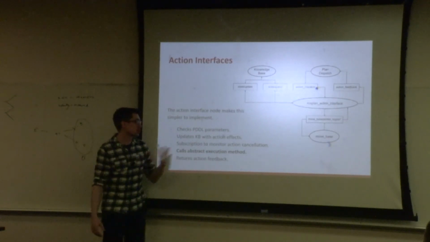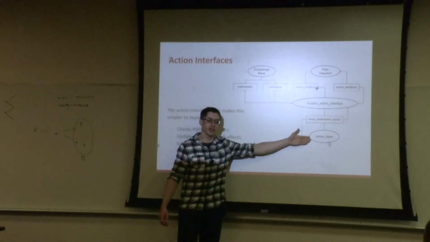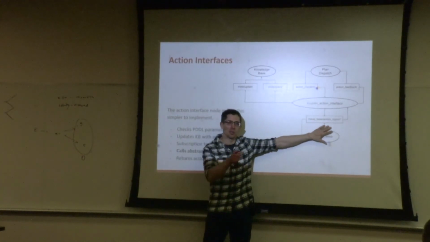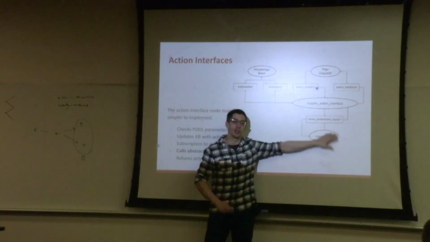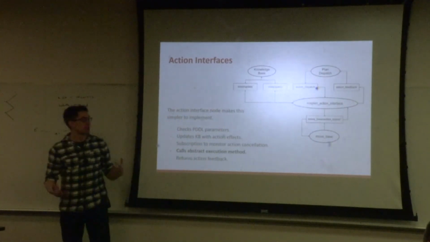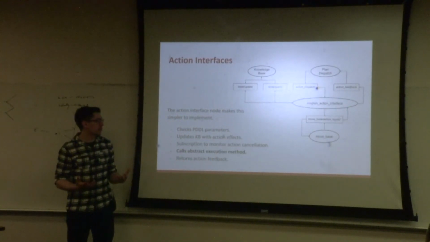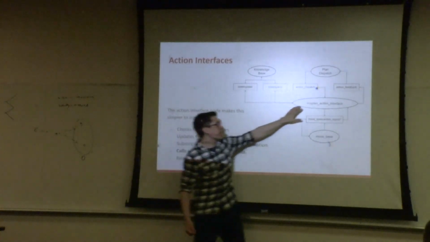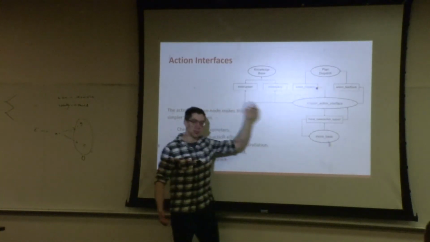We could swap MoveBase for something completely different. I think you were showing that you could replace it with a human. Yes. And the fact that the interface has changed means the execution can stay the same.